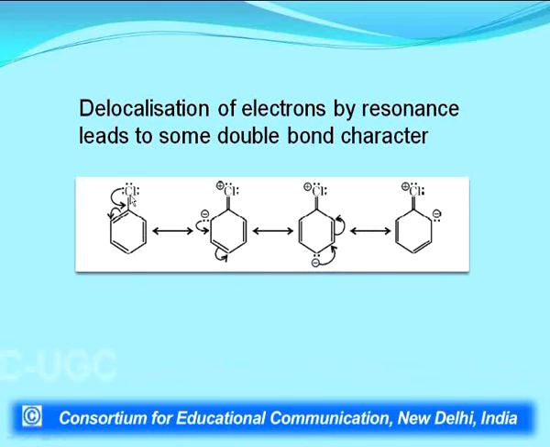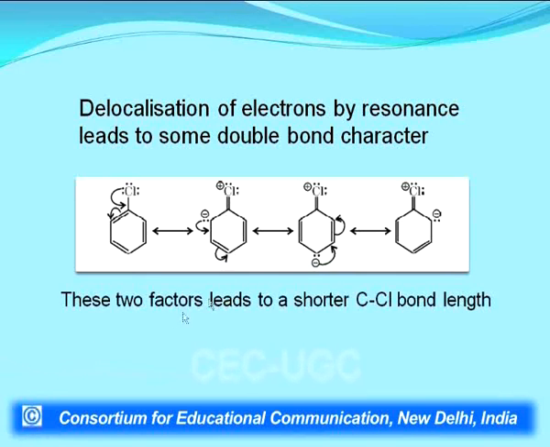Basically, it is delocalization of a pair of electrons from chlorine with the pi electron cloud of the benzene ring, which leads to the formation of a partial carbon-chlorine double bond character, making this bond further strong. So, this bond is strong due to shorter bond length because carbon is using an sp2 hybridized orbital. Second, due to this resonance, the carbon-halogen bond has acquired some double bond character. So, these two factors lead to the formation of a shorter C-Cl bond.